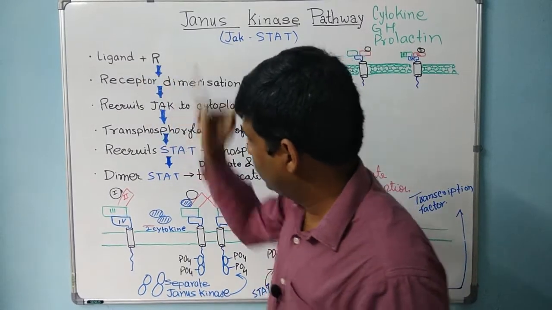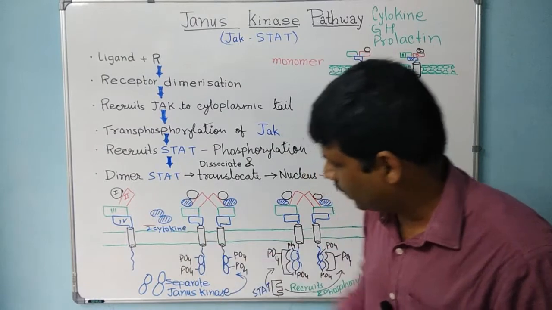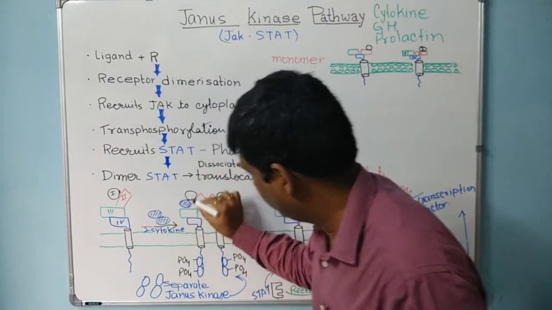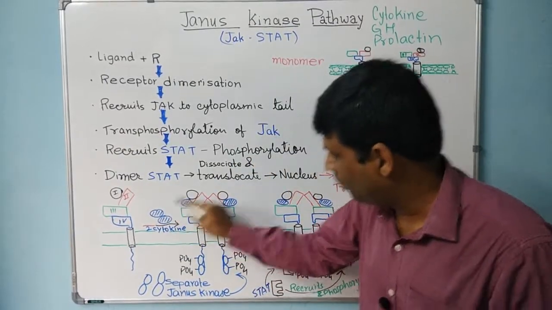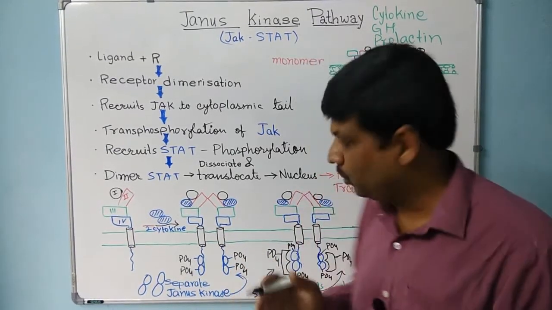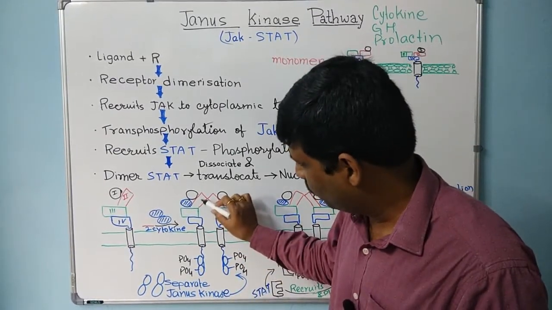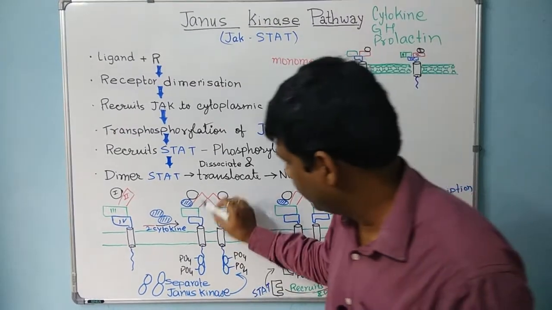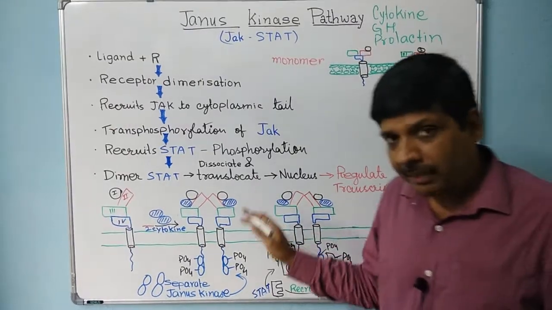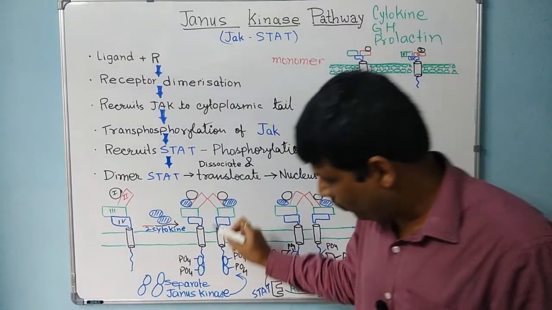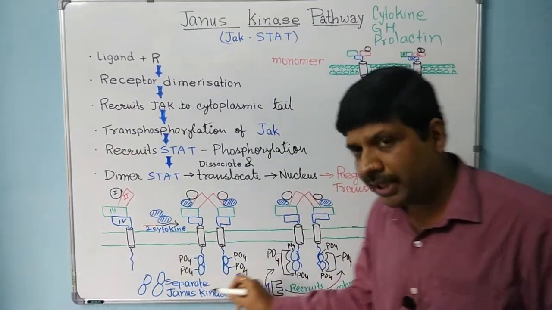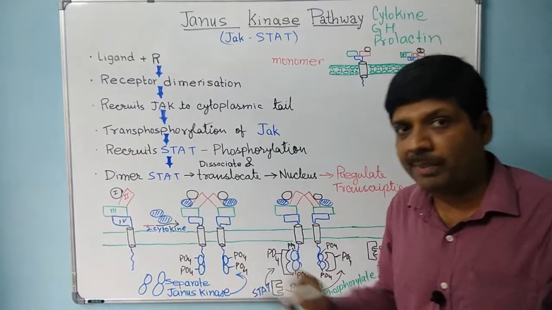The ligand binds with the receptor. Here two molecules of cytokines bind. One molecule will bind in one monomer, another molecule will bind to another monomer, and then dimerization occurs. As you know, dimerization occurs by the 2nd and 4th subunits. Dimerization will recruit Janus kinase in the intracellular part.